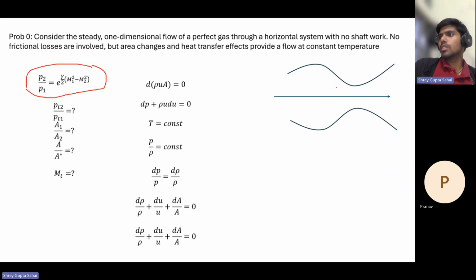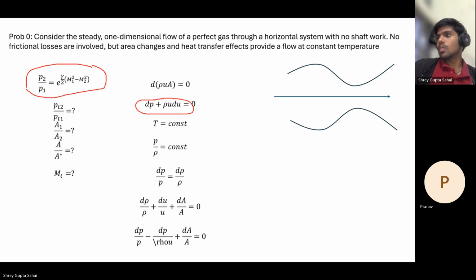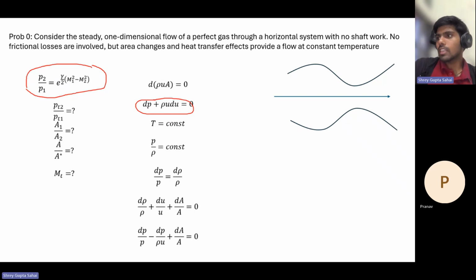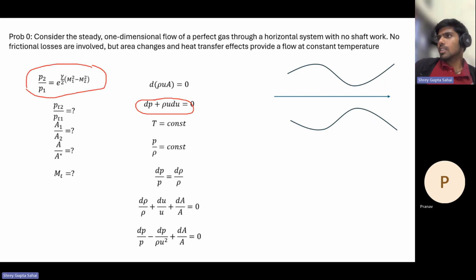I can substitute dP by P here, equals minus dP by rho u from this expression. So du can be written as dP by rho u, and there is a u again, so rho u square. I think there is no issue with this step.